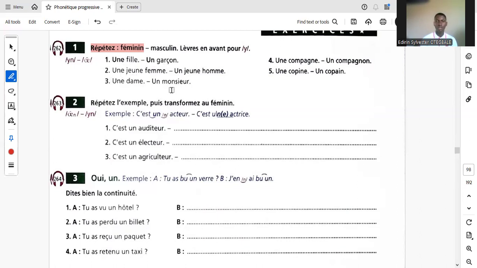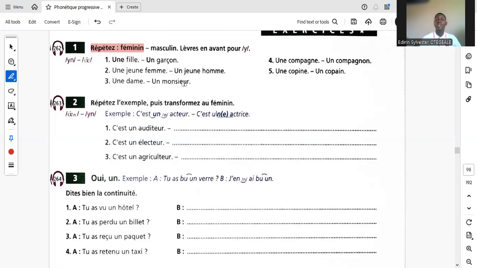A young woman, a young man. 3. Une dame, un monsieur. Un monsieur. 4. Une compagne, un compagnon. That's correct. 5. Une copine, un copain.